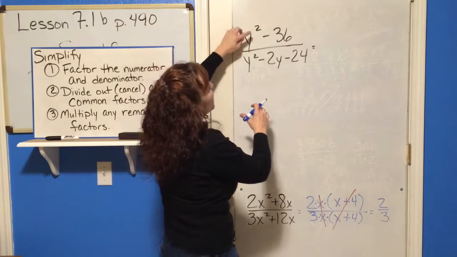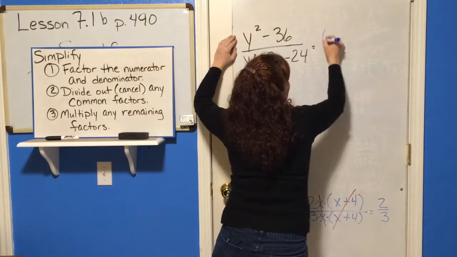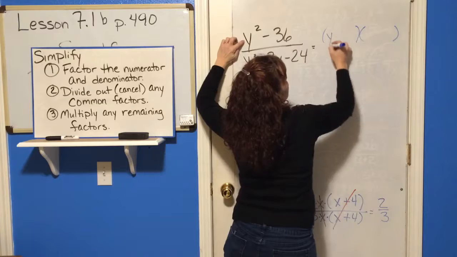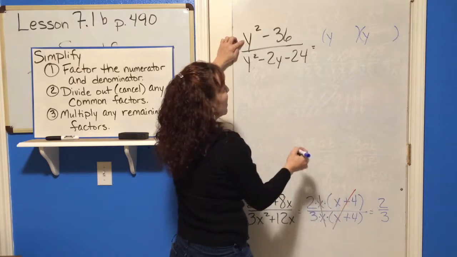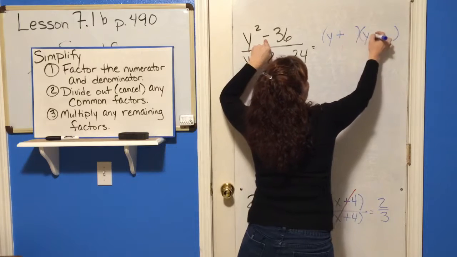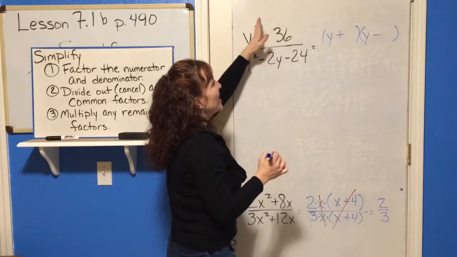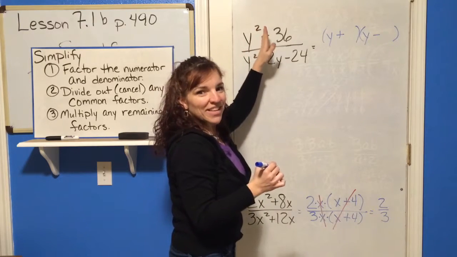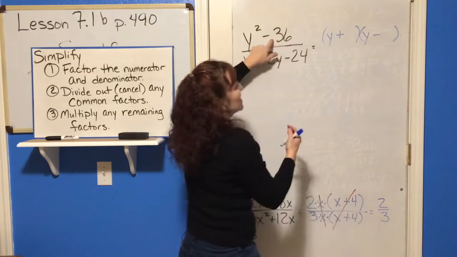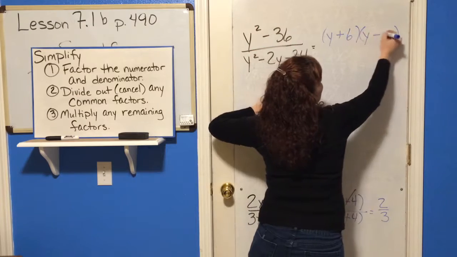All right, so y squared minus 36, y times y gives you the y squared, and 36 is negative, so I'm going to have one positive and one negative, and I need that middle term to drop out. So I need these terms to be the same so that they'll drop out, and 6 times 6 is 36.